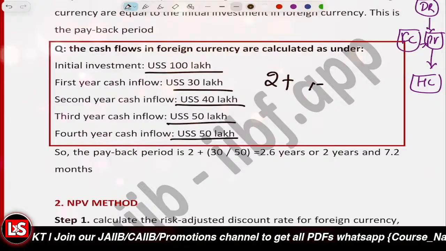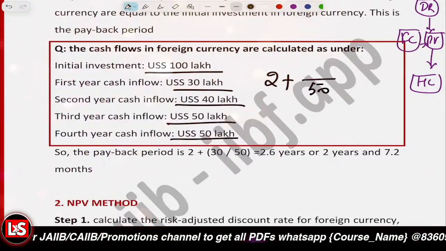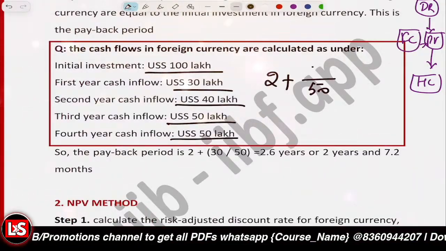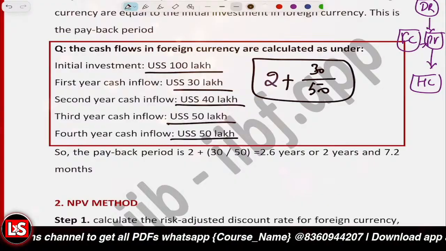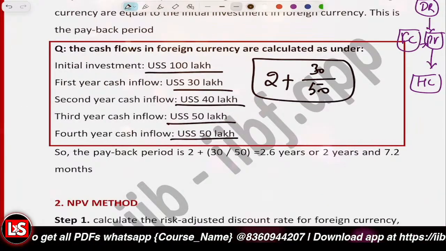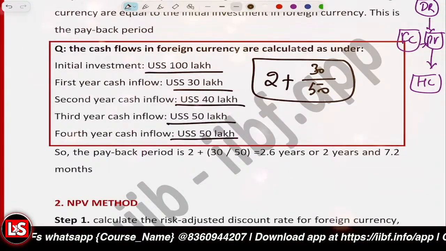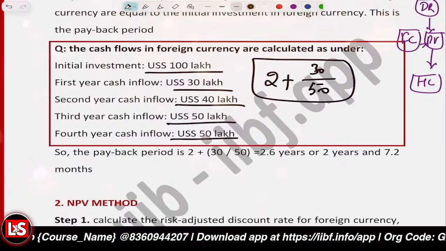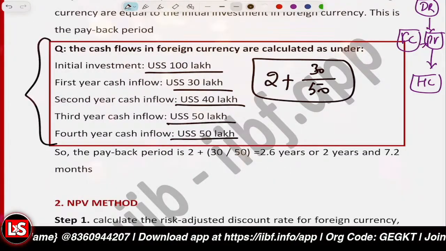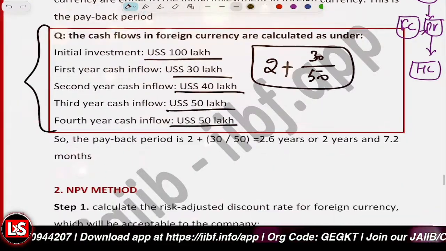So it will be 2 plus a part of 50. What part is left? 100 minus 70, 30. So this will be the payback period. It is 2.6 years. The same as we calculated above, because we are using the same figures. Payback period is all the same, right?